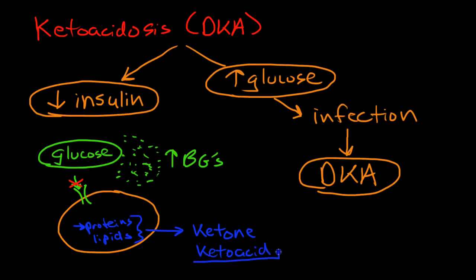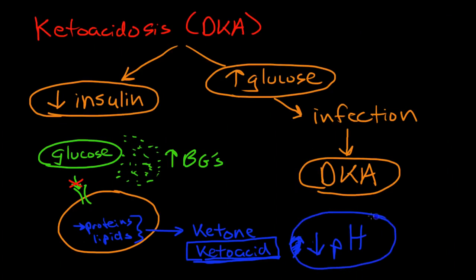So ketoacidosis is actually due in part to the development of high levels of these ketone bodies, and this will cause an increase in hydrogen ion concentration, which actually decreases pH, because pH is a negative log scale of hydrogen concentration. So a decrease in pH means an increase in hydrogen ion concentration, so it becomes more acidic.